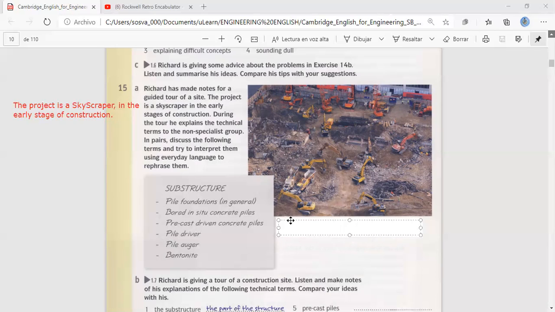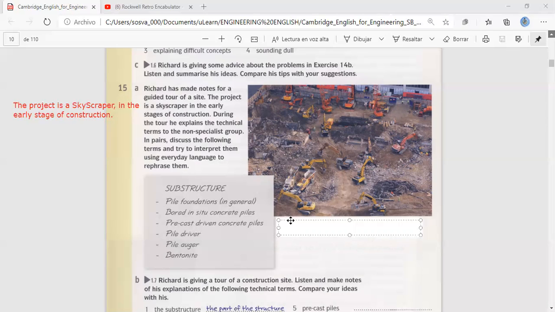Well, I'm going to explain a little bit about these words, or at least this vocabulary. So you might understand the word substructure, and maybe if you look at the photo you got the idea that the picture is a substructure. It's what is under the structure, like the base.